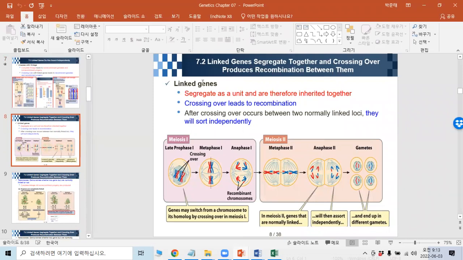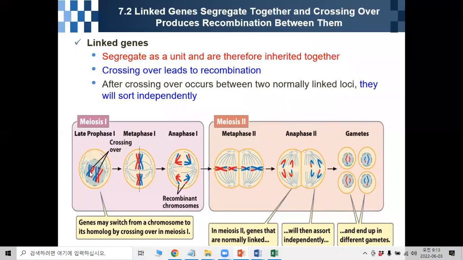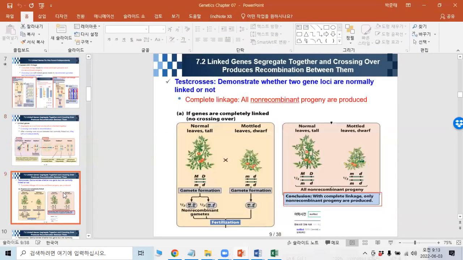Previously we learned about linked genes in meiosis 1 and meiosis 2. Usually crossing over happens during meiosis 1, especially prophase 1, and crossing over leads to recombination.